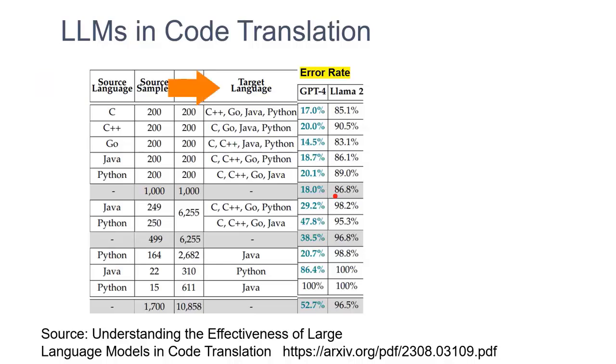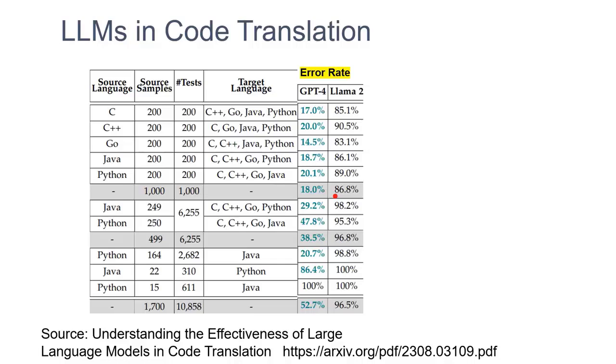They also depict the error rates associated with this translation. They found that the incorrect translations ranged from 52.7% to even 97% in certain studies, depending on the LLM model that was used and depending on the source to target language.